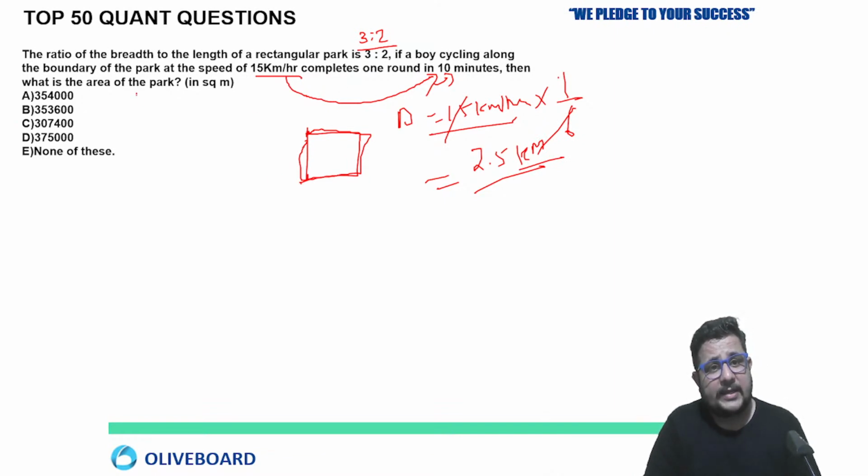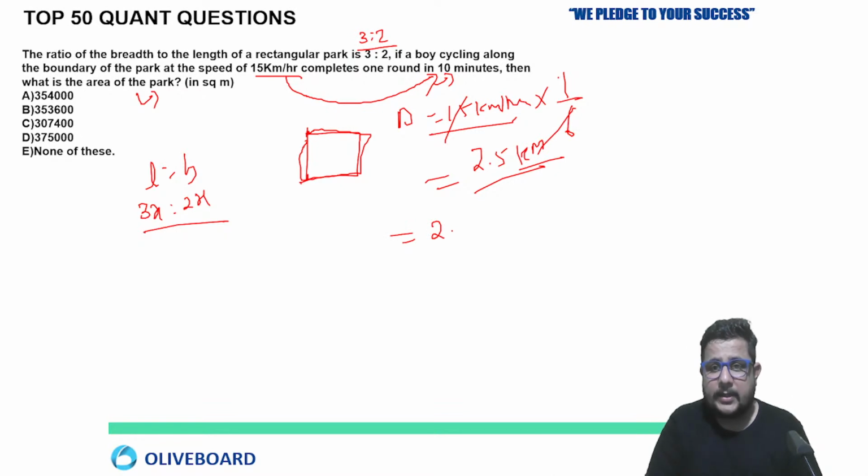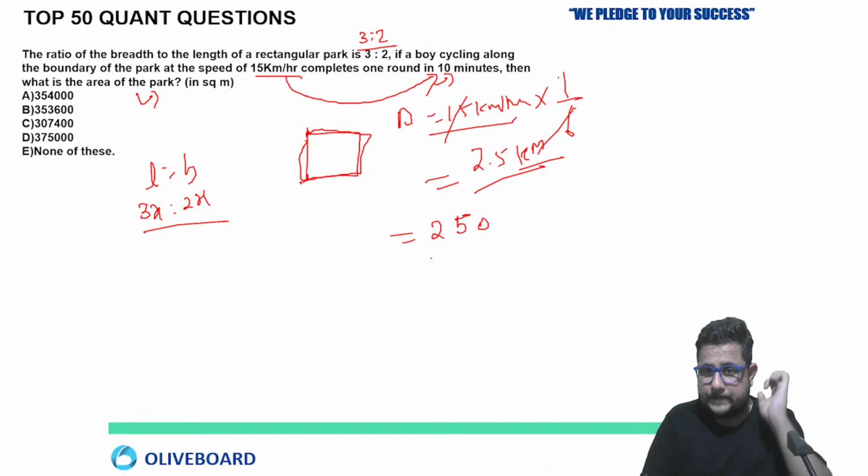Then what is the area of the park? Now you know L to B is 3x and 2x.